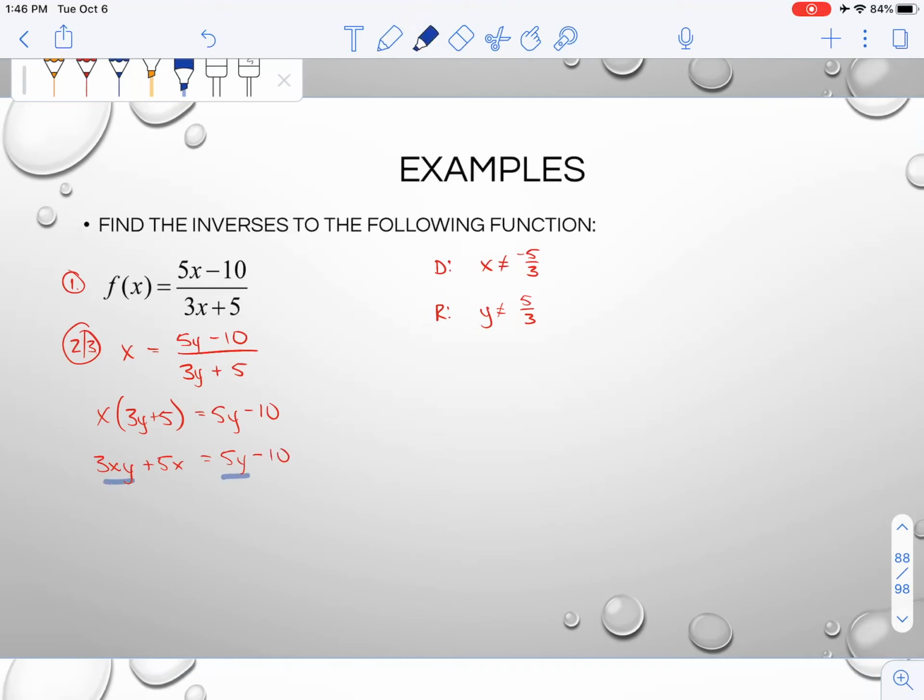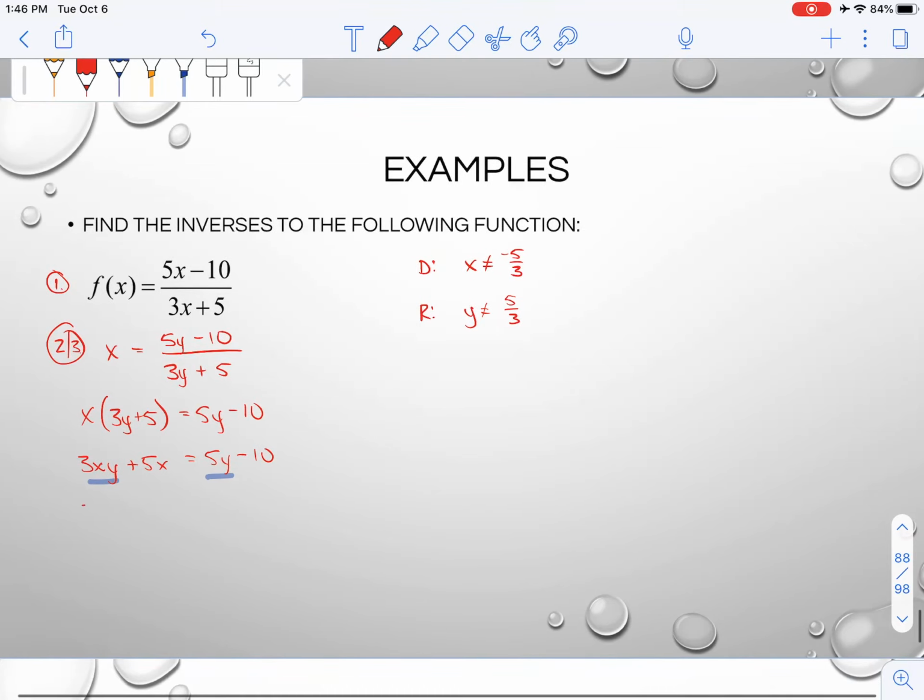I want to get every term with a y in it on one side of my equation and everything else on the other side. So I'm going to subtract over that 5y. It's going to give me 3xy minus 5y equals -5x minus 10. I have a GCF here on the left, which is why I pulled all the terms of the y onto the left, because they're all y to the first, so I can factor y out as GCF.